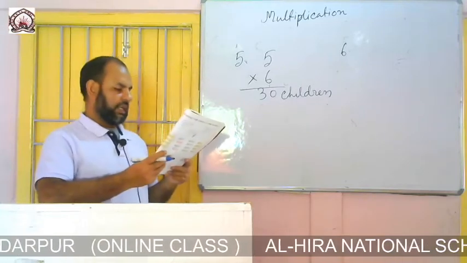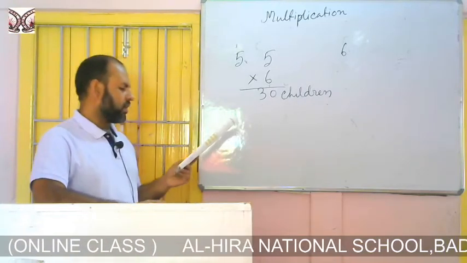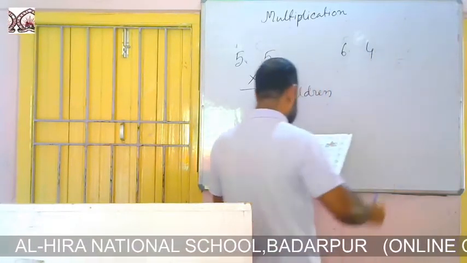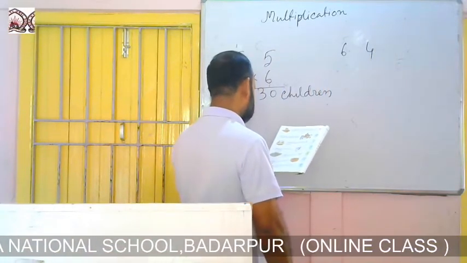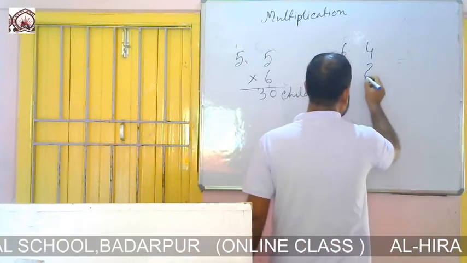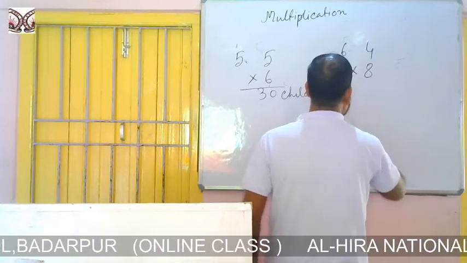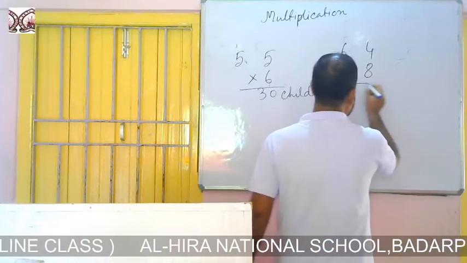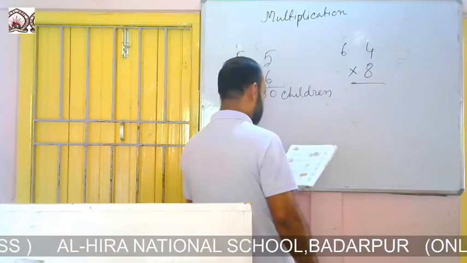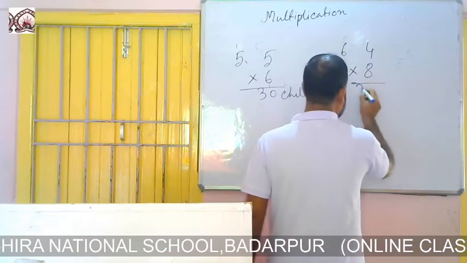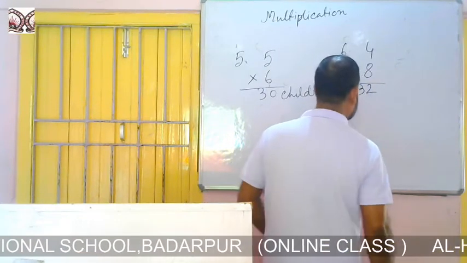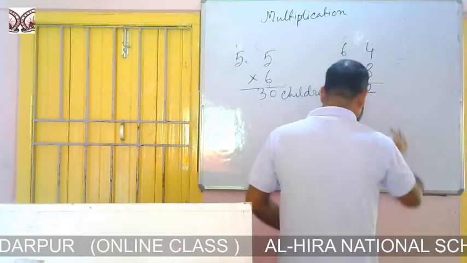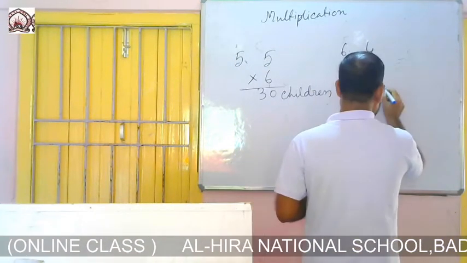So a box holds 4 rows, and each row has 8 bottles. So 4 into 8. 4 8s are 32. So here 32 bottles.